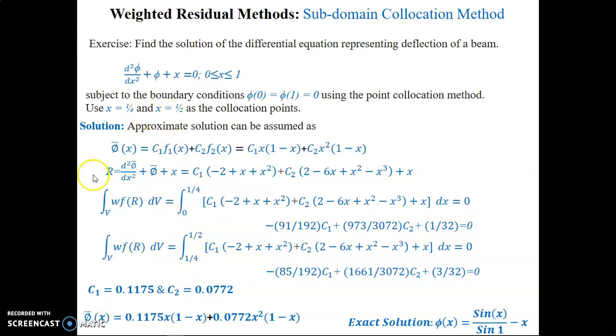Again we will integrate the residue and we will get the second equation. Now the simultaneous solution of these two equations will give the coefficients C1 and C2. Substituting the values of C1 and C2 back into this expression, we will get the approximate solution. So now you can compare the solution by plotting the graph for the approximated primary variable obtained from the point collocation method, the subdomain collocation method, and the exact solution.